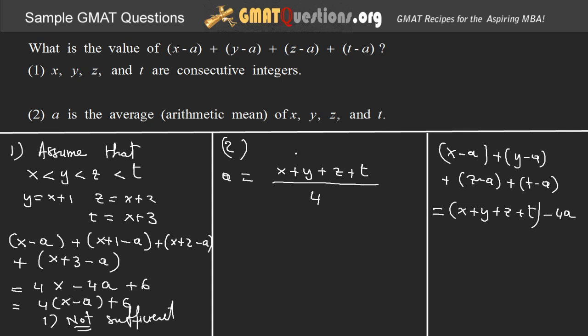So anyway, if we continue on number 2, we'll have 4a, by cross multiplying, is equal to x plus y plus z plus t. If you look at this carefully, by moving 4a to the other side, 0 is equal to x plus y plus z plus t minus 4a.